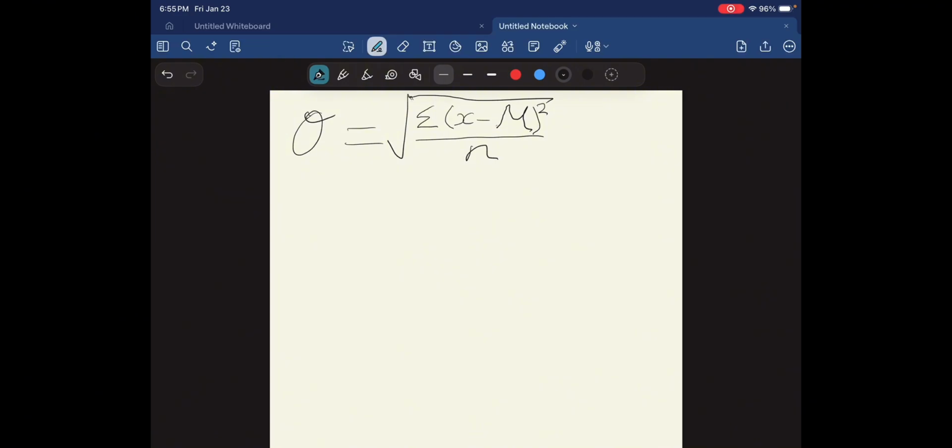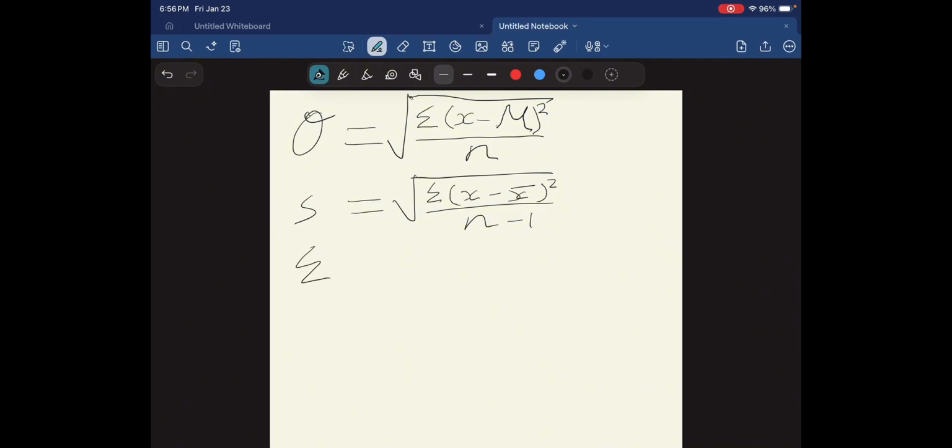And now your formula for a sample is really similar. So instead of sigma, we actually use s, and we still use the sum of x minus x bar this time. Because when you're working with a sample, you use x bar, and when you're working with a population, you use mu. And it's n minus 1.